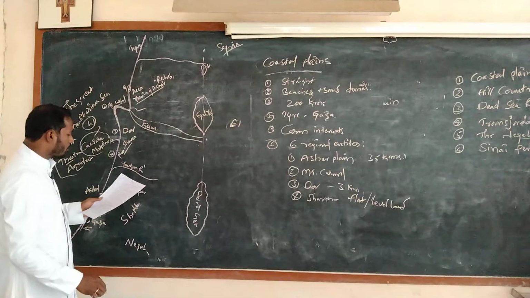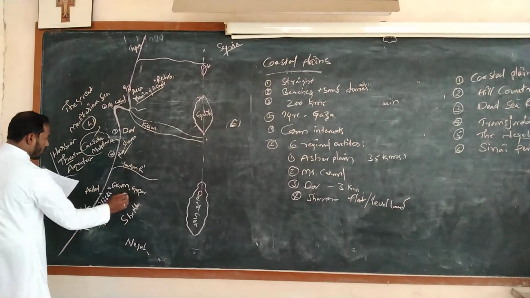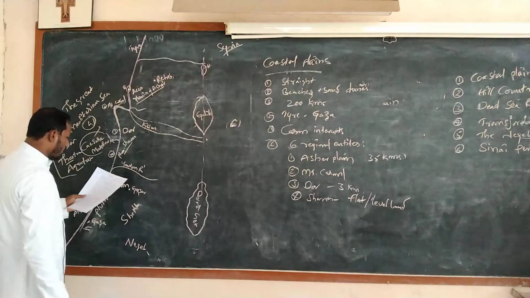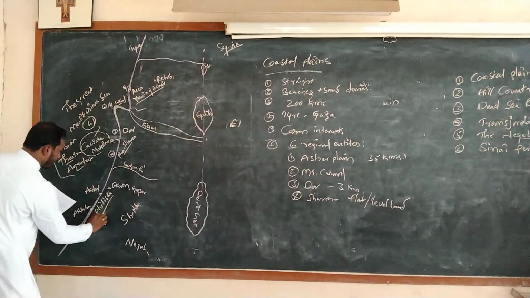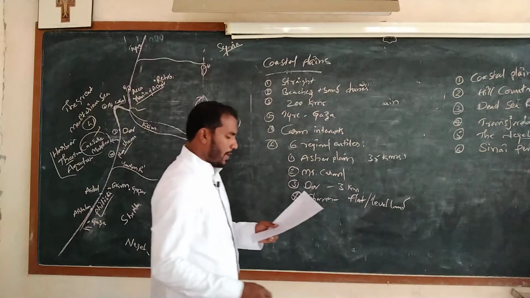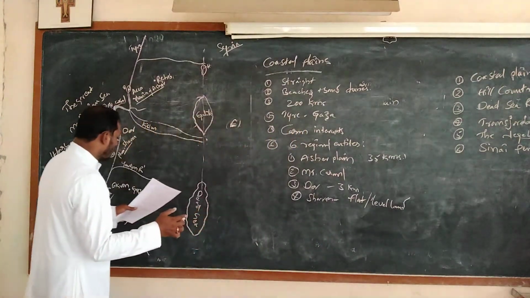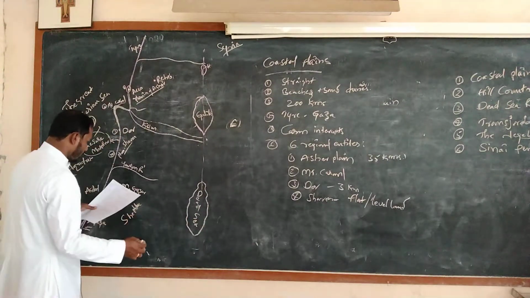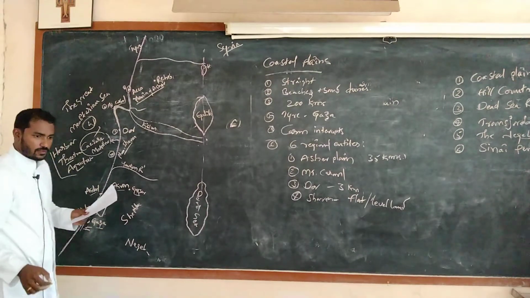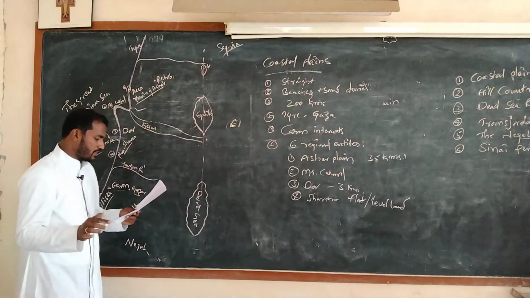And next, as I have said, we have the Ekron River. South of the Ekron River is called the Philistine Plain. As we have said, it corresponds to the ancient Philistine country, and these are the pentapolis. Pentapolis means what? Five cities.